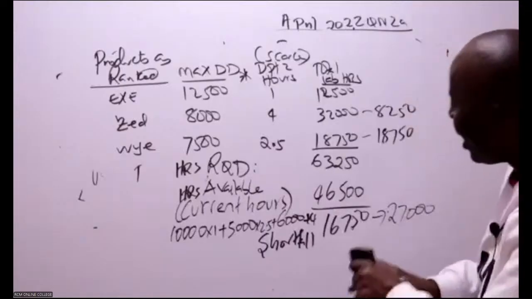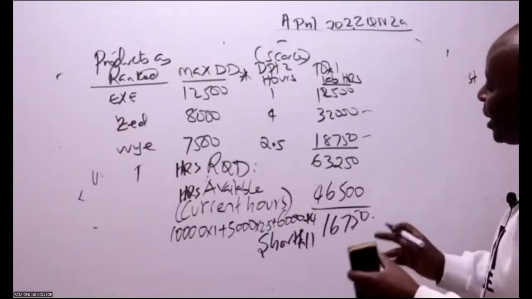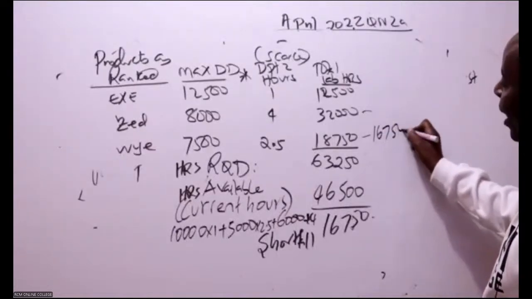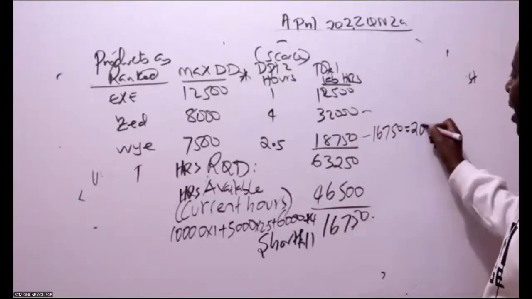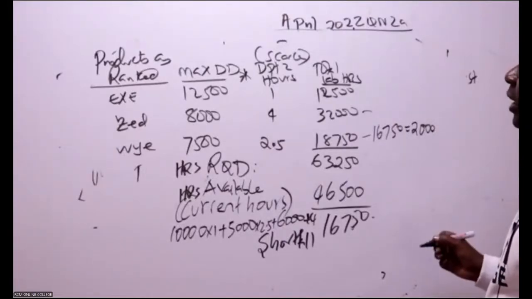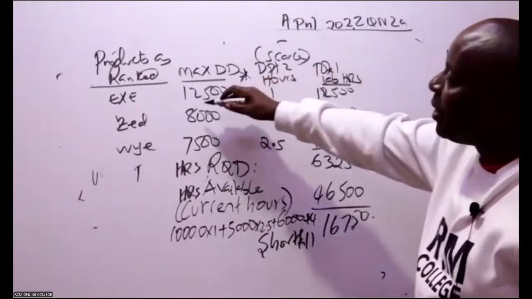Fortunately, here we have a shortfall of 16,750, and all of it can be covered by the last ranked product. And actually, I'll be able to have some left, 2,000. So it means that for X, I will produce the maximum demand.